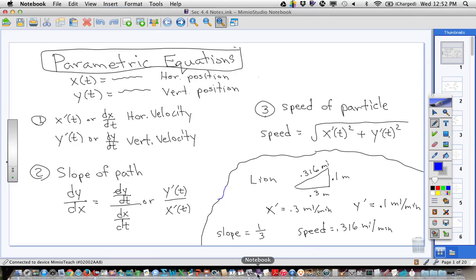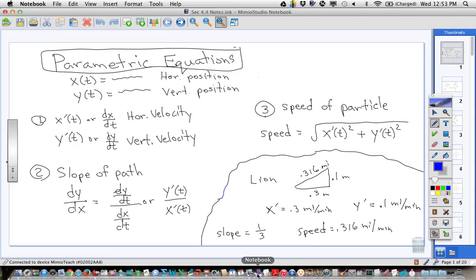Then the car is not moving. But if it's moving diagonally, it's got some horizontal movement and it's got some vertical movement that's making it go diagonal, right? And so that's what parametric equations do for us, is they let us have two-dimensional motion, but we're going to break it up into those two components, the horizontal and the vertical.